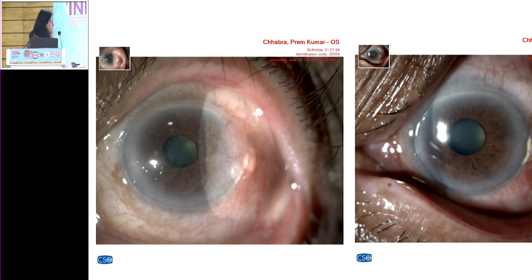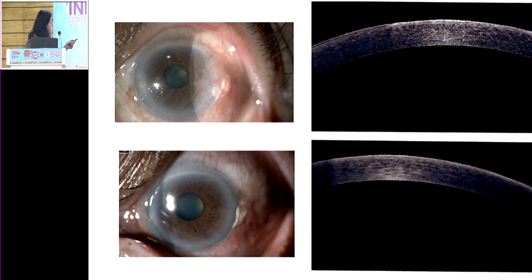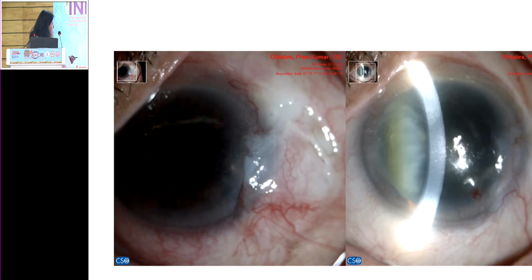And this is just something which is left of the lesion. He didn't come back. The OSSN progressed. Here I wanted to show you that in corneal anterior segment OCT, you can see hyperreflectivity again. This is pre-MMC and this is post-MMC. So the reflectivity decreases as the lesion starts to resolve.